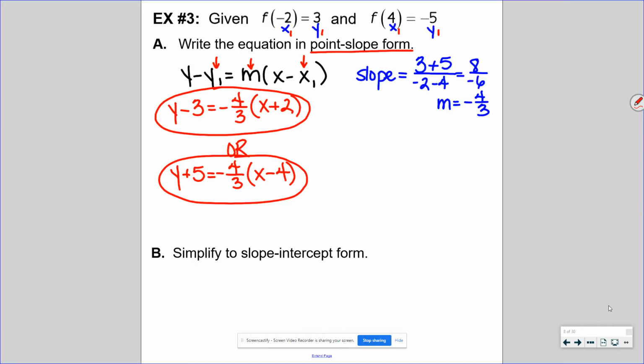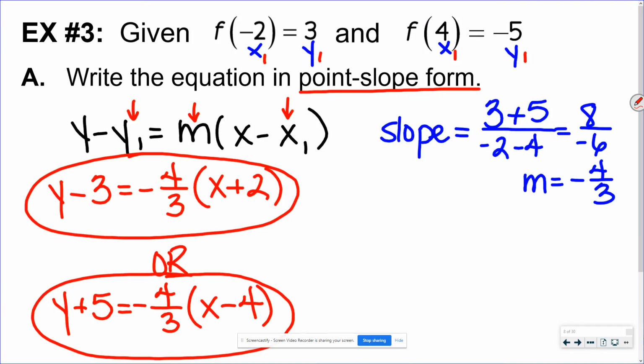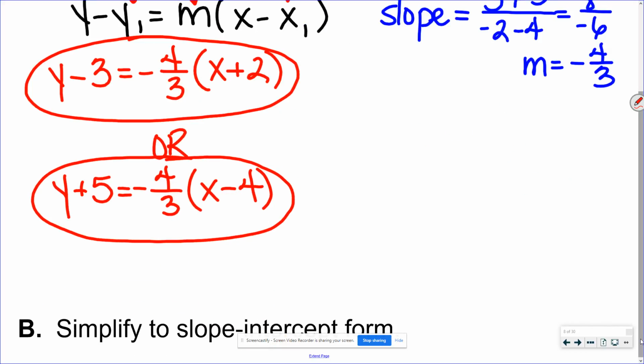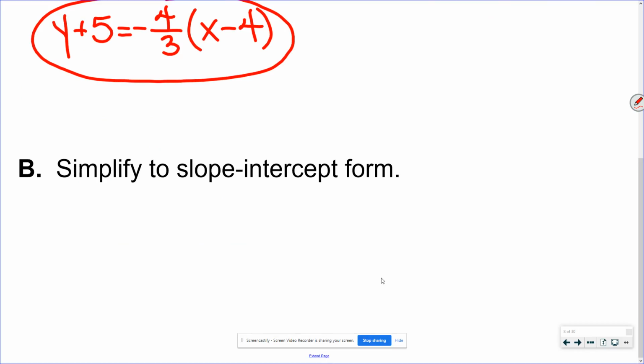Now, some of you are probably sitting there scratching your head thinking, why on earth would there be two possible answers? Well, that's because both of them simplify down to be the same thing. So let me copy down my first equation and show you what I mean.